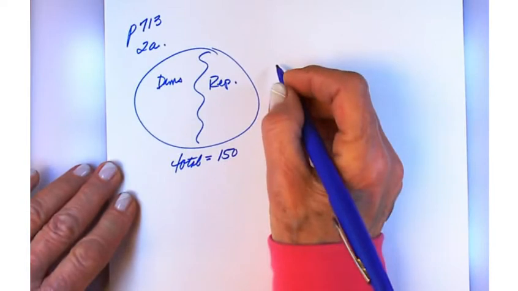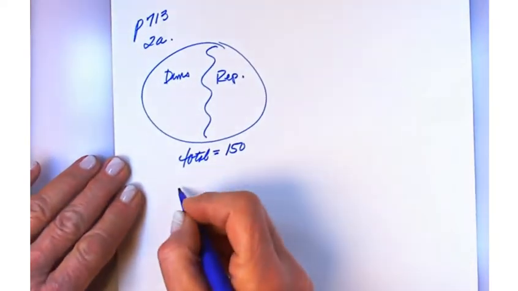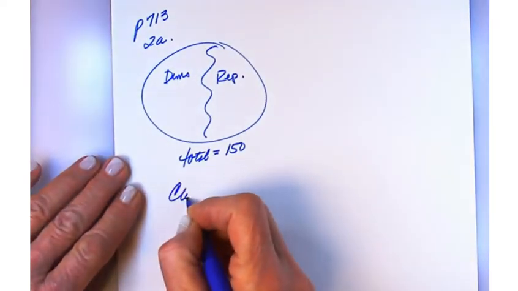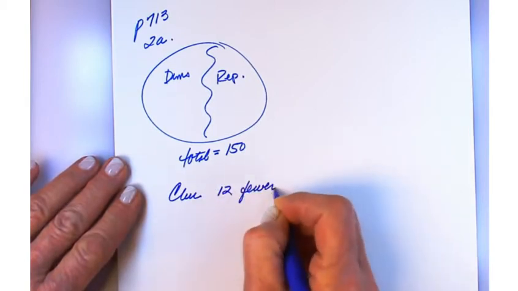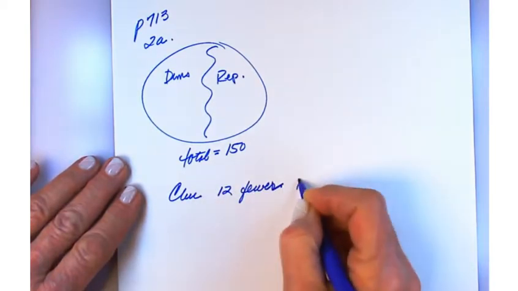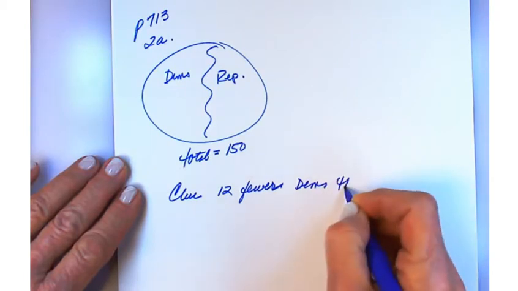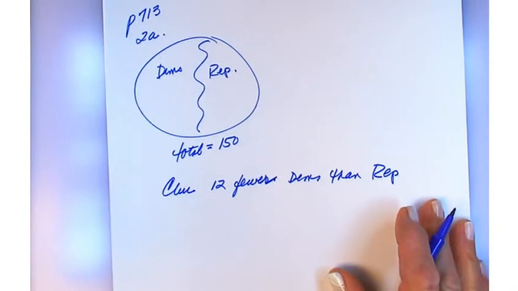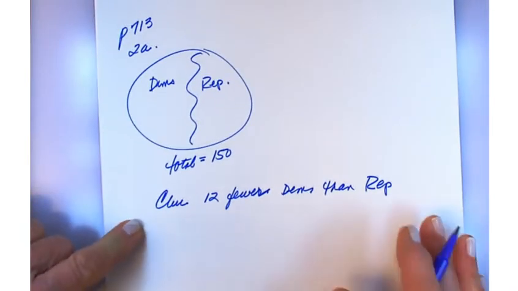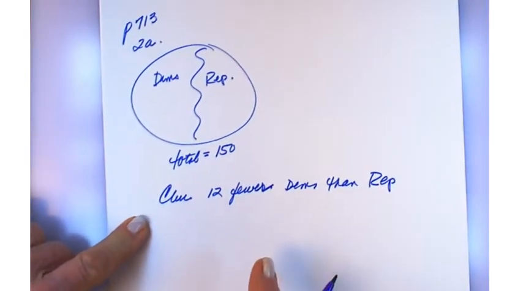Now let's look at our clue. Our clue is 12 fewer Democrats than Republicans. So we need to know what to let X equal.